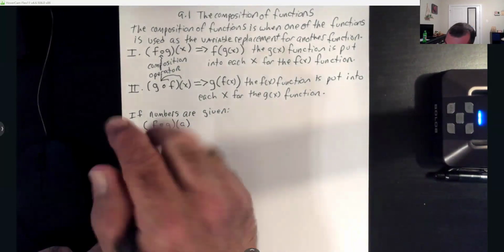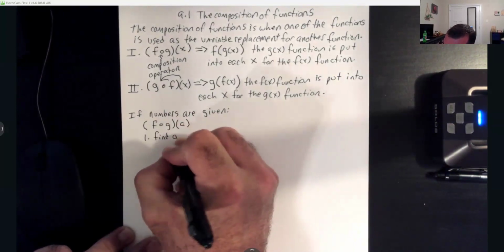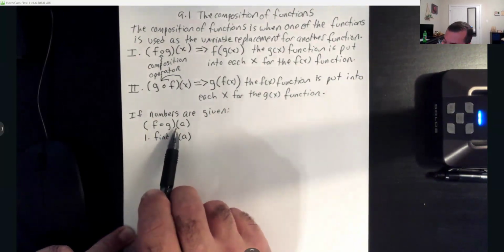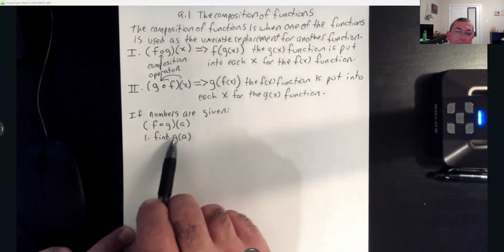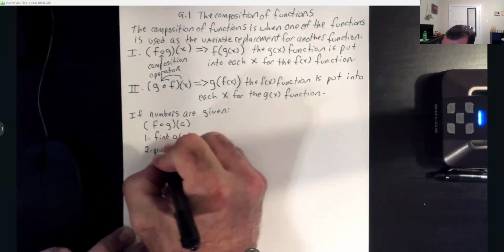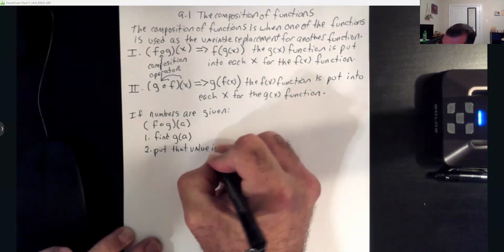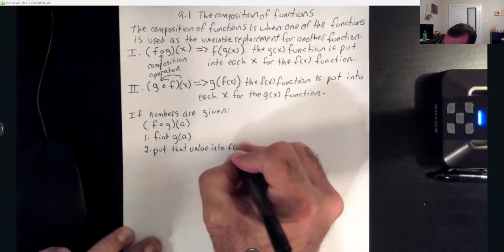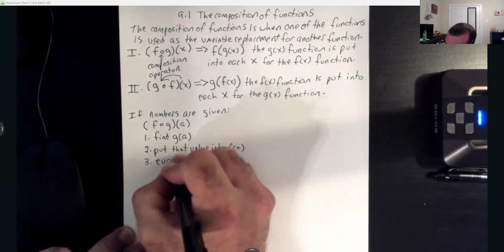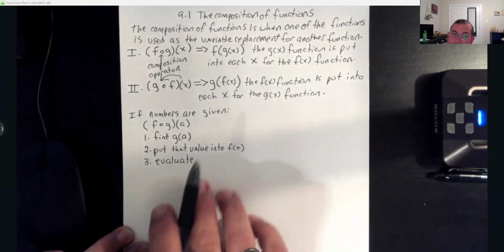But if they gave me a number here, the first thing I would do, we would find G of A. We would figure out what this G of A equaled. Now, once we found what G of A equals, we put that value into the F function. So put that value into our F of X. And then at that point, evaluate. So if they give me a number to put in, I'm going to get a single number out of this when we're done, okay?